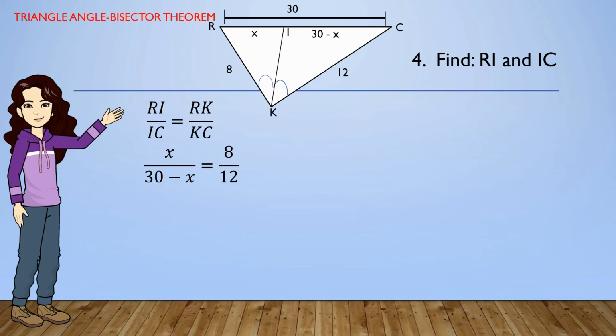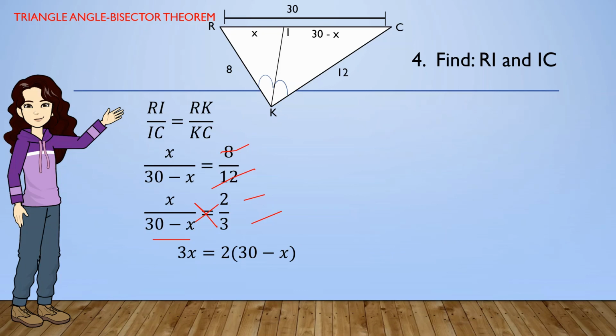After that, let us get the simplest form of 8 over 12. 8 divided by 4 is 2, and 12 divided by 4 is 3. Then cross product. 3 times x is 3x, equal to 2 times the quantity of 30 minus x.